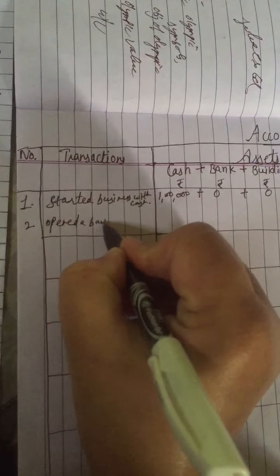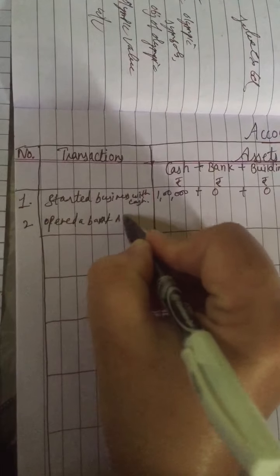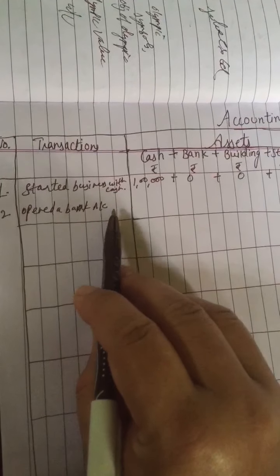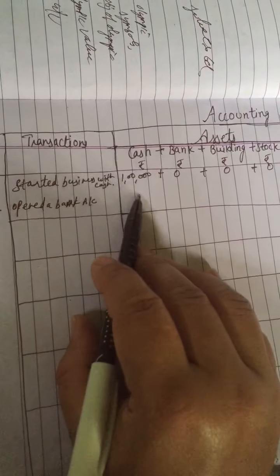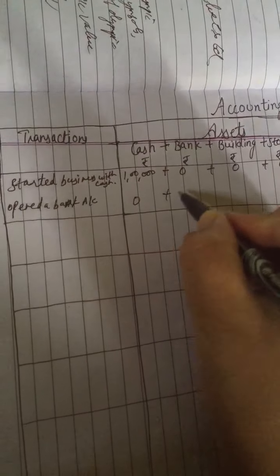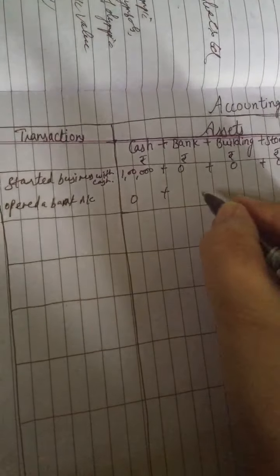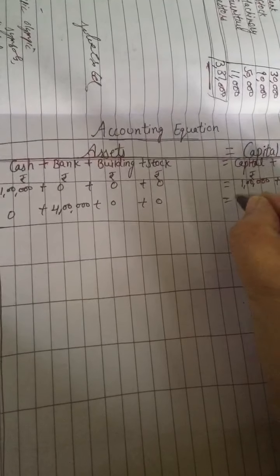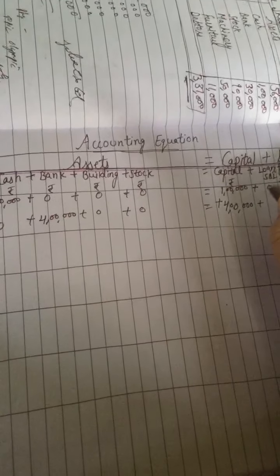Opened a bank account. He has opened a bank account by transferring money from his saving account, not from the cash of the business. So cash of the business will not decrease, and bank of the business will increase by rupees 4 lakh, and thus the capital also increases by rupees 4 lakh. So you have to put the sign of plus in capital head.